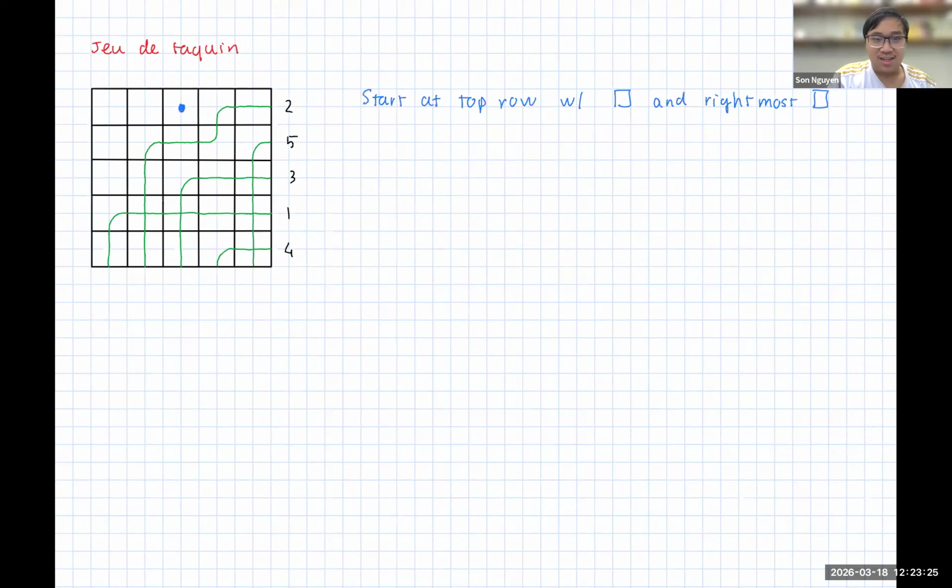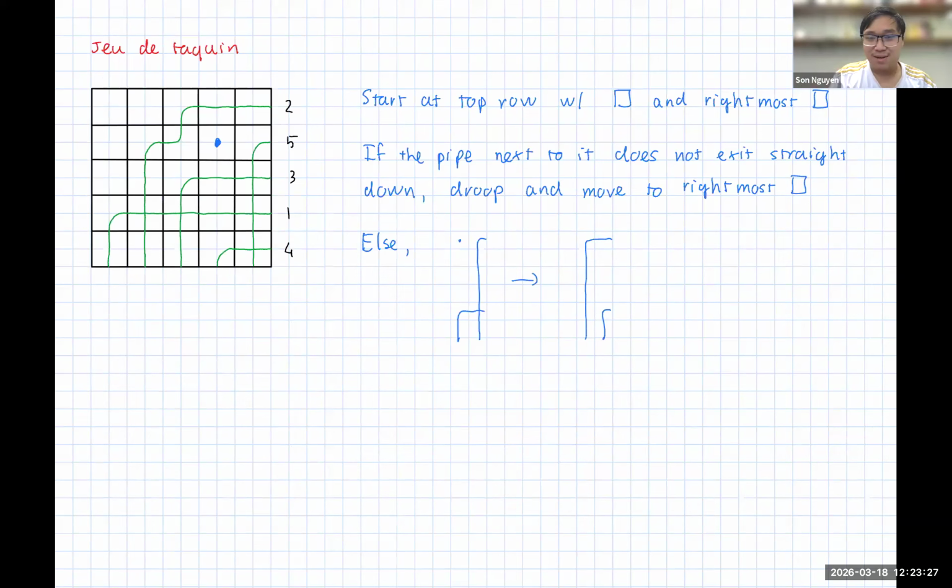Okay, any other question about my JDT? Something I want to point out is that because of the way I swap, the new permutation will always be related to the old permutation by a simple transposition, because I am sort of uncrossing these two pipes that are next to each other.